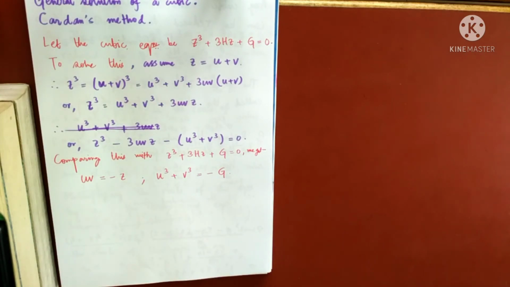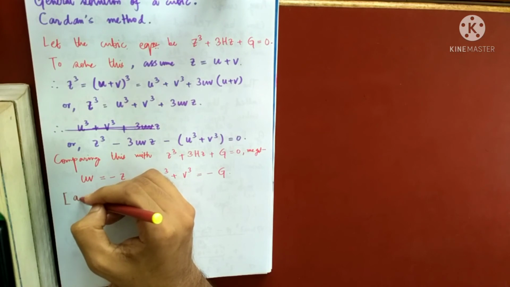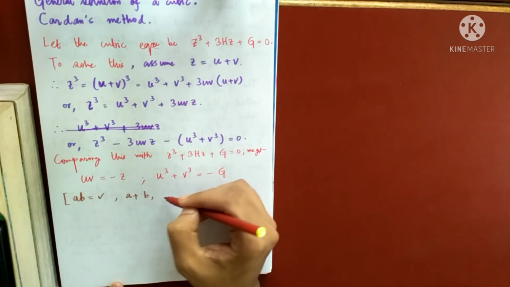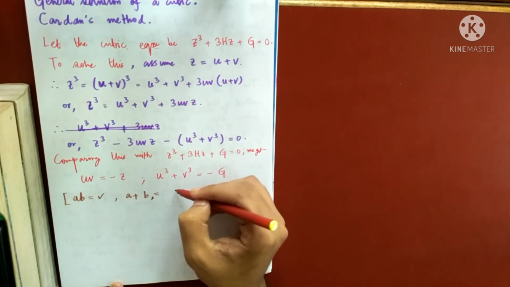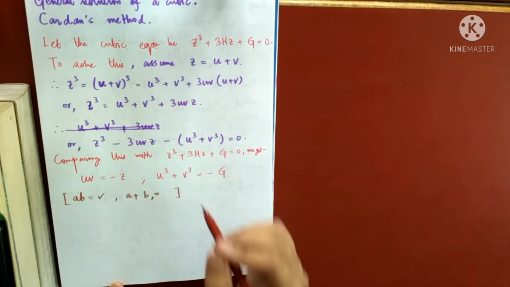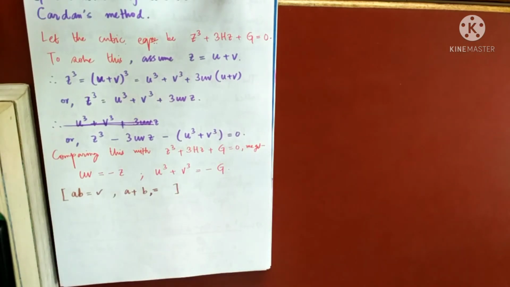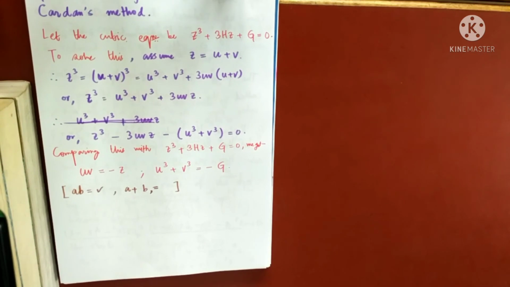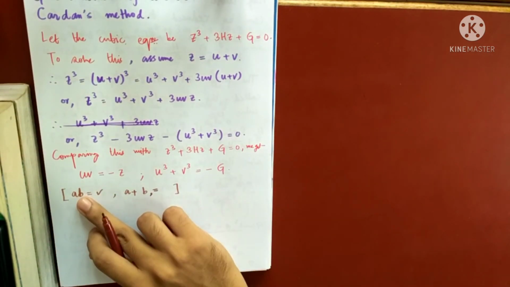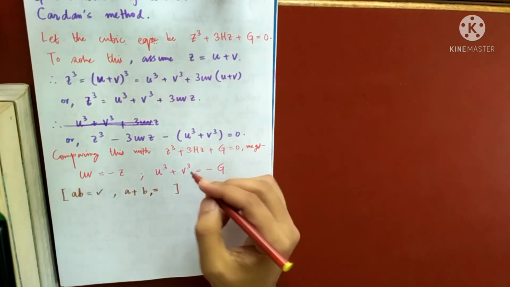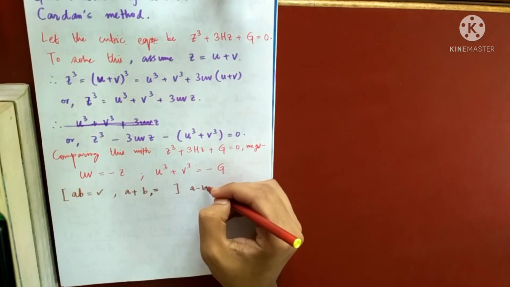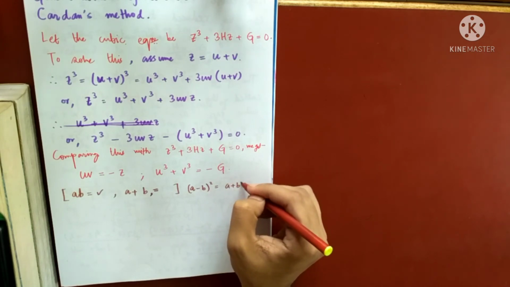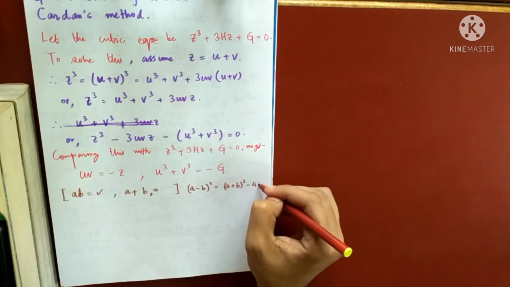Think about this: when a into b is known to you and a plus b is known to you, how do you find a and b? Any idea? What technique do we know here? If a into b is known and a plus b is known, we find a minus b whole square using a plus b whole square minus 4ab.